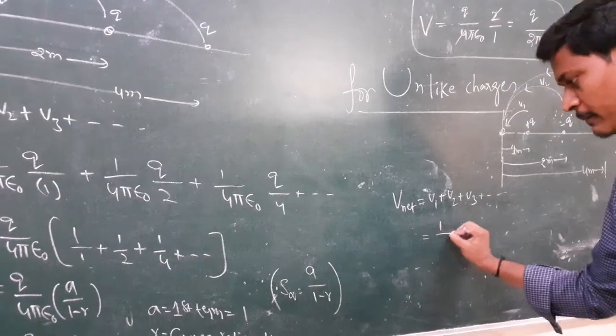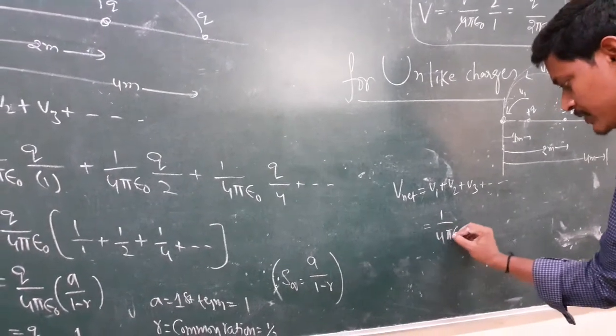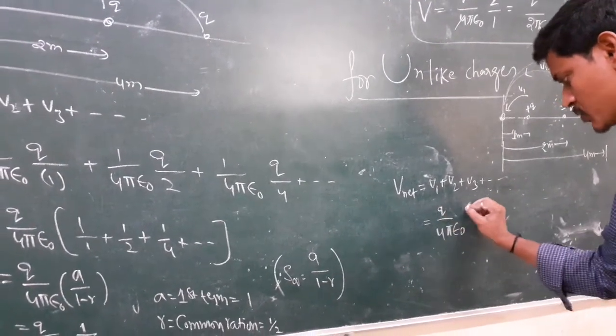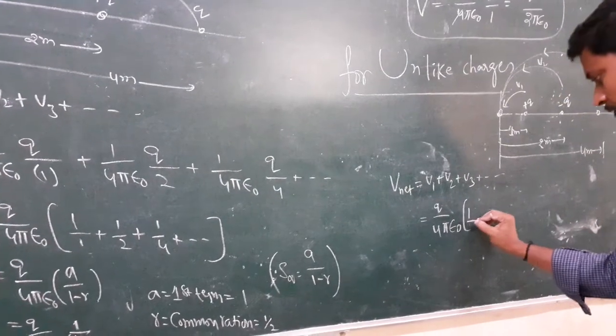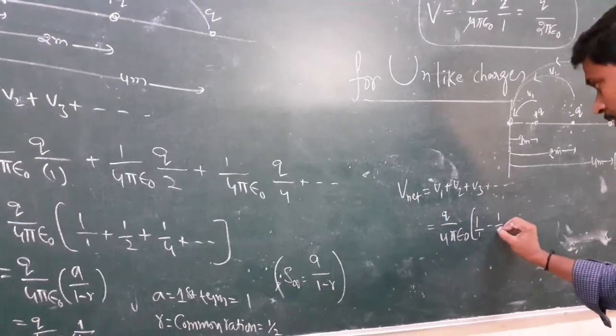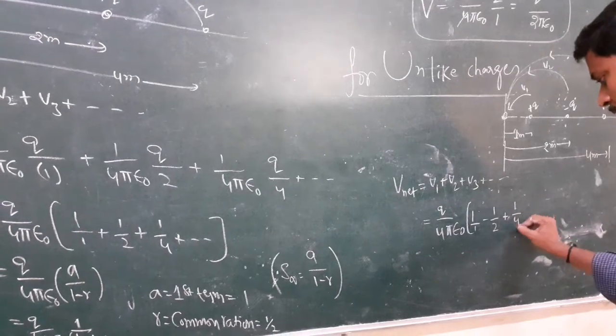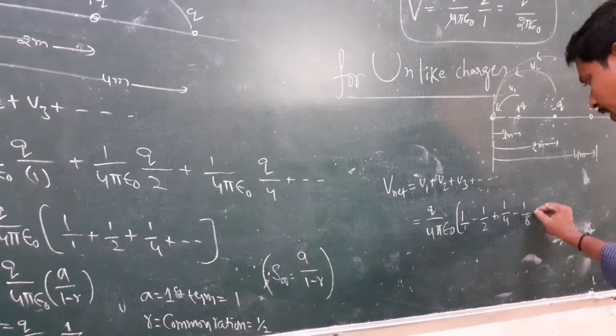Therefore 1 by 4 pi epsilon naught q taken outside, 1 by 1 minus 1 by 2 plus 1 by 4 minus 1 by 8 and so on.